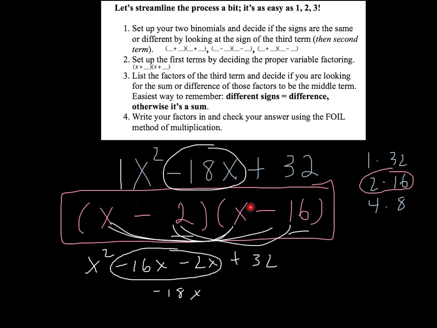These are the same signs, so they're a sum. If this was a positive and a negative, they would be different signs, and that would have meant that this negative 18 was a difference. We're going to do some more practice, and I'll keep focusing on whether that linear term in the center was a sum or a difference. All right, let's move on.